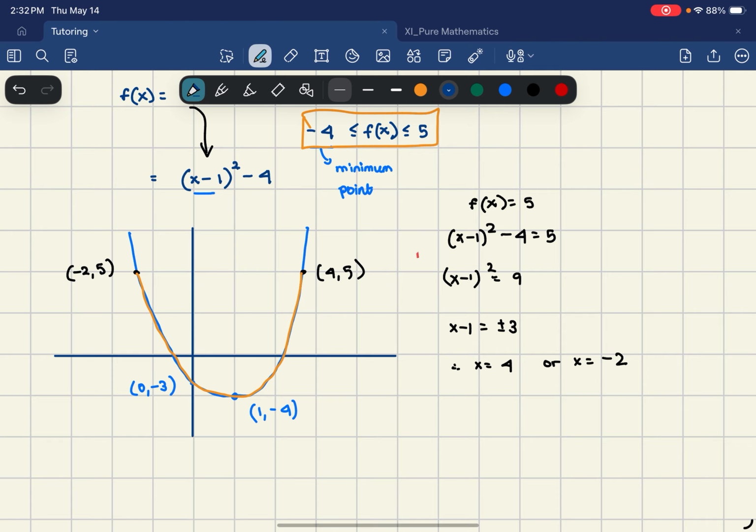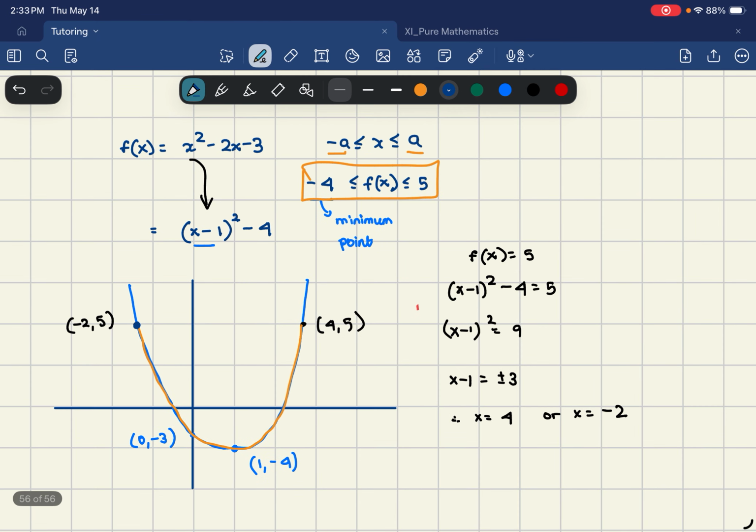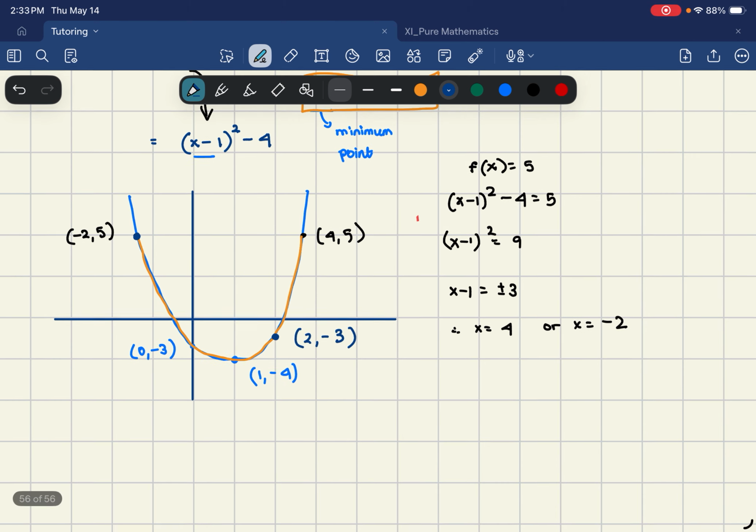Because I need it to be symmetric, negative something to positive something, I need to check how to figure out the restriction of the domain so that this range is satisfied. I have negative 2 here. If I put positive 2, I get 2 minus 1 is 1 squared, minus 4, which is negative 3. So positive 2 comma negative 3 is somewhere here.